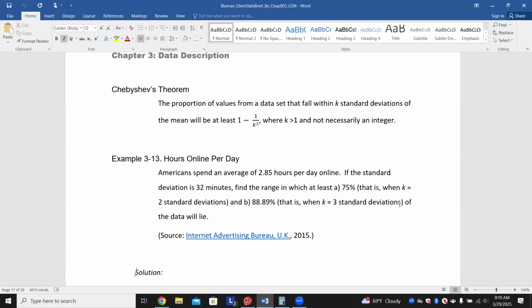So maybe you want 3. That would be 1 minus 1/9, which is 8/9, so about 89% of your data would be within 3 standard deviations. That's just a calculation of how much of your data should be within a certain number of standard deviations, and we have a better chart for that as well, which we'll see later down the road. But let's look at this example here.